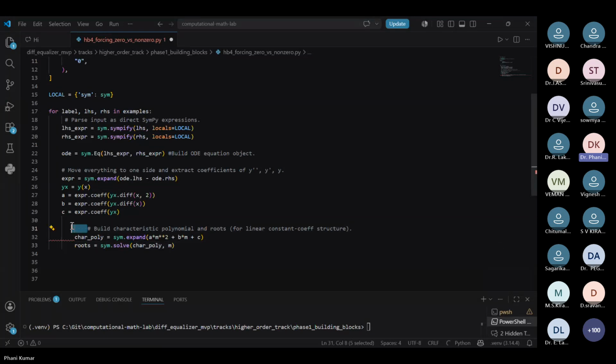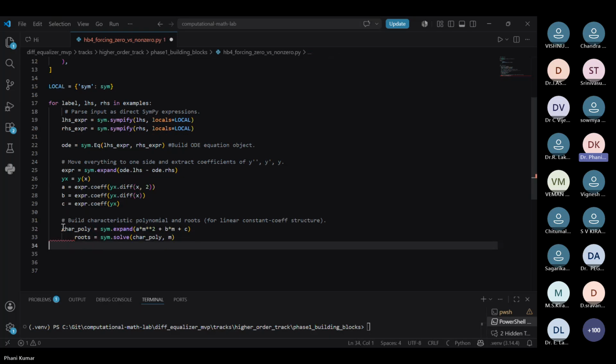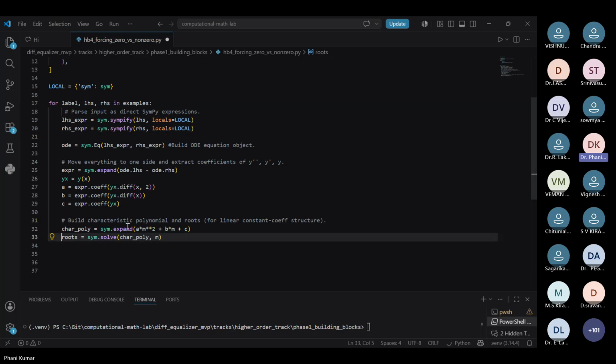Now we are going to collect the coefficients by using that y of x, and those coefficients we are going to store as yx. yx is user friendly. If you want any other name, you can put another name, no doubt.